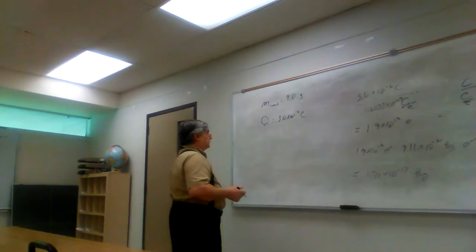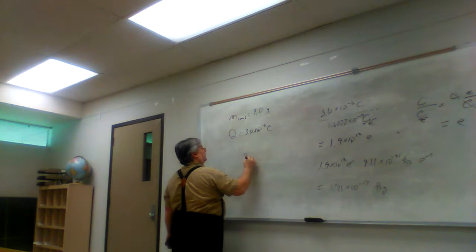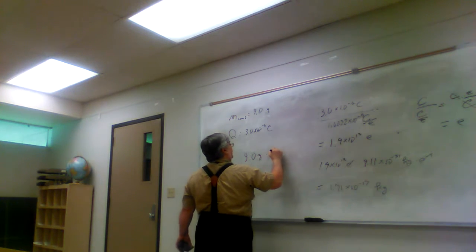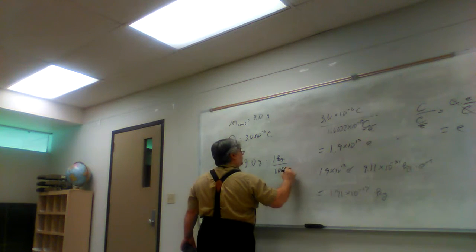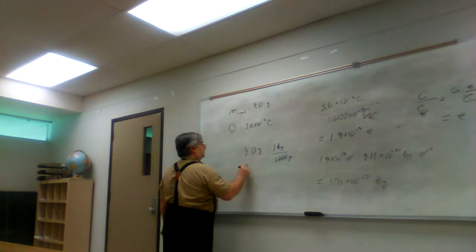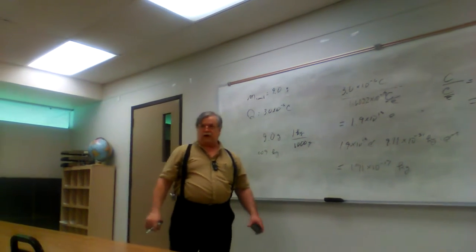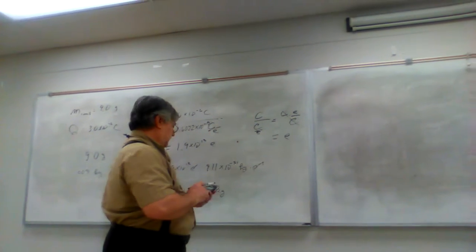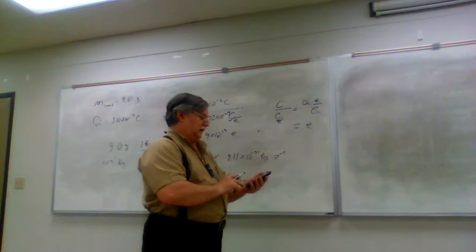You got to make sure your units match. 9 grams is how many kilograms? Times 1 kilogram per 1,000 grams, so 9 divided by 1,000 is 0.009 kilograms. So we divide this by 0.009.